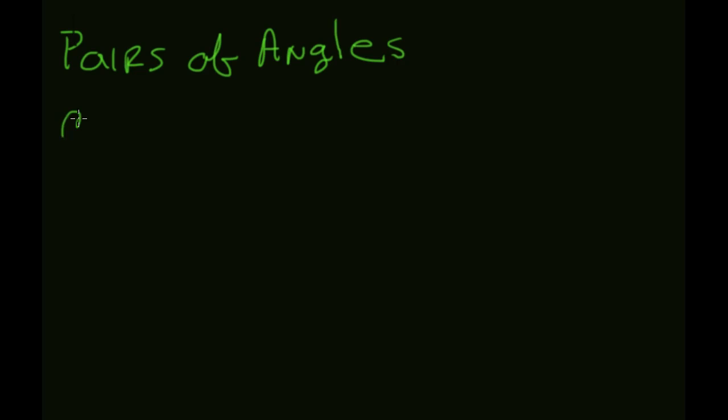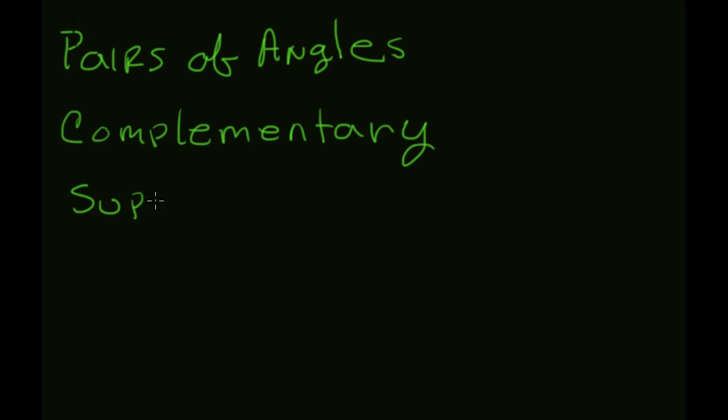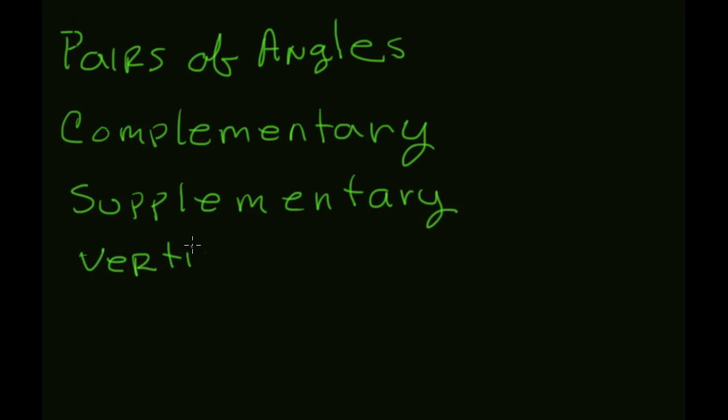We're going to talk about complementary angles, supplementary angles, and vertical angles. Okay, so that's it. That's our three types. We're going to take them one at a time here, and we'll go from there.